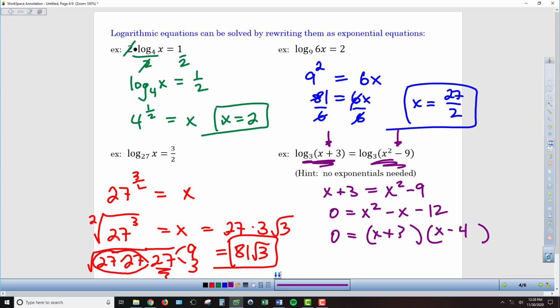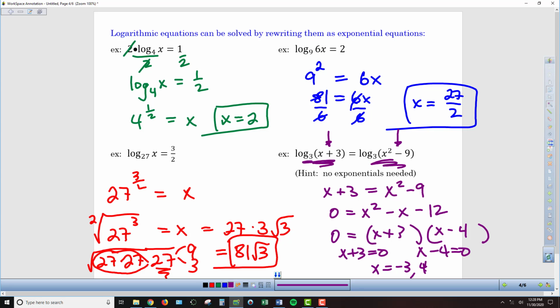So if I set each of these factors equal to 0, I get x plus 3 equals 0 and x minus 4 equals 0. So my two answers that I'm going to get out of this quadratic equation are negative 3 and positive 4. But because this is based off of a logarithmic equation, we need to make sure that both of those answers work.